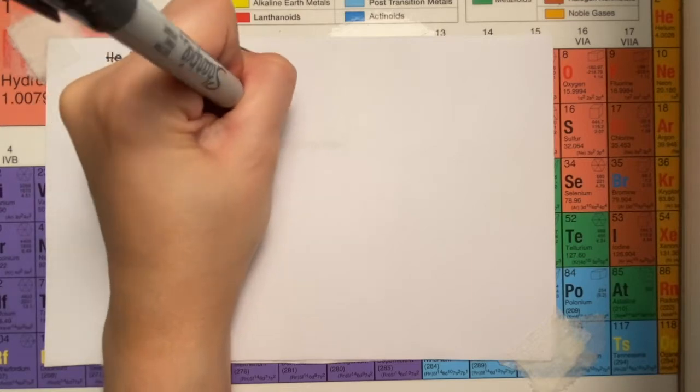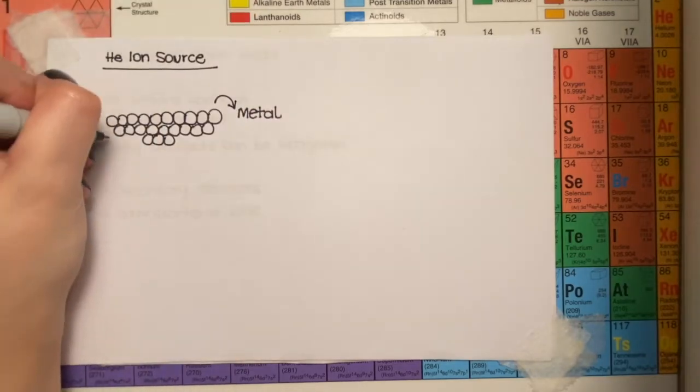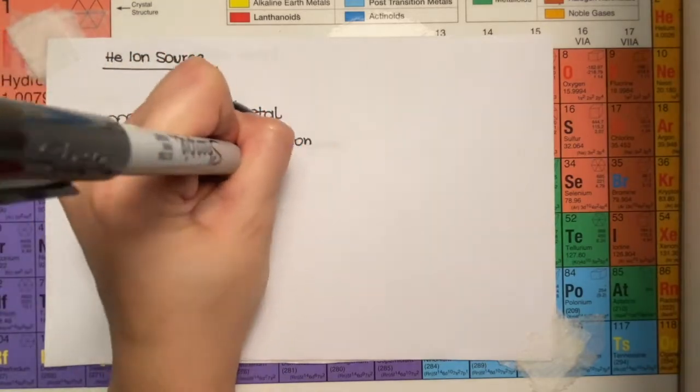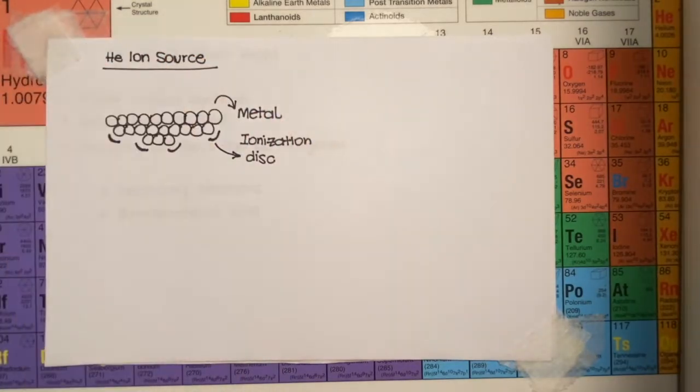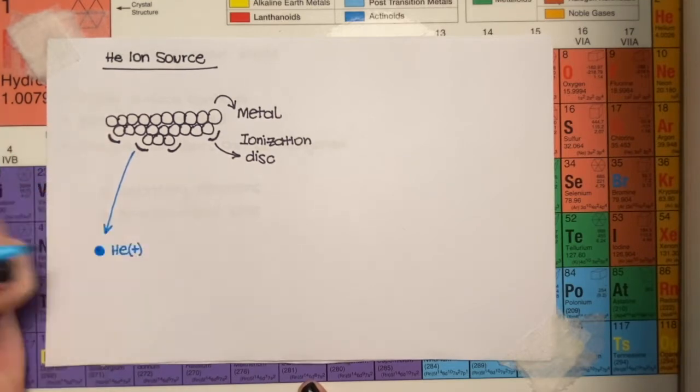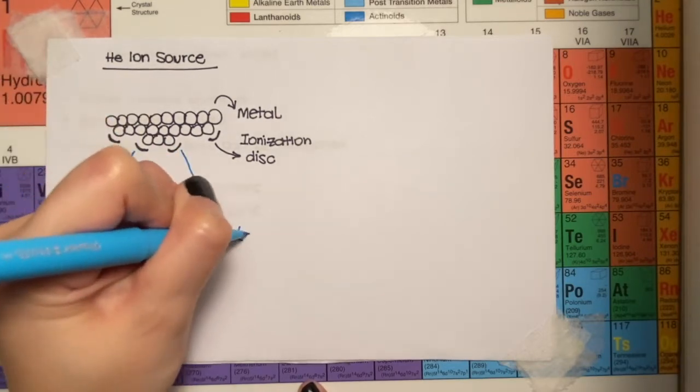When helium gas is admitted close to the needle, under the influence of the electric field gradient, it is polarized and drawn towards the apex. The outer electrons can tunnel out of the gas and into the bulk metal. The region where the tunneling occurs is called the ionization disk.